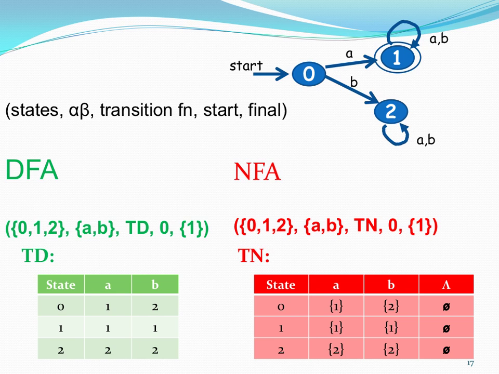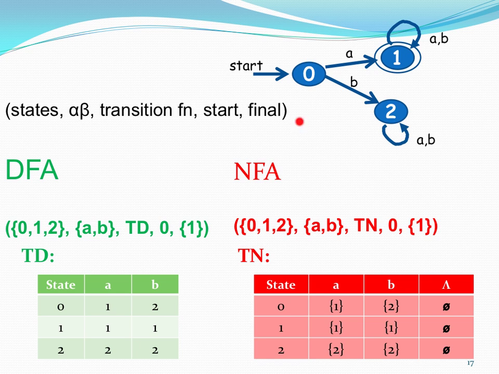And what I want you to look at is just these two formal representations of our DFA and our NFA. If I say this is a DFA, then I have to represent it the way I show you here in green, right? Everything is the same between the NFA and the DFA in terms of this 5-tuple, except for that transition table. If it's a DFA, then the transition table only has columns for A and B, and every element is just one singleton.